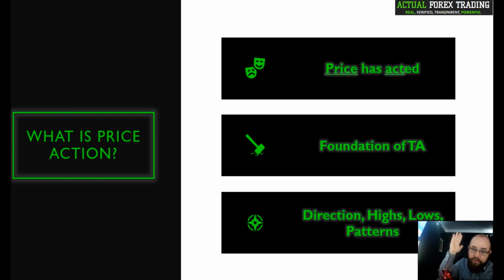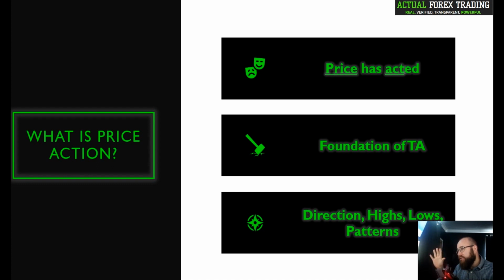On the y-axis, the vertical axis, you're going to have price, and the date with the price is going to be plotted on that graph. It's showing how price has acted in the past. It's historical. So on a price chart, if I bring up a chart, and I will later on in this video, and we'll be looking at lots of charts as these videos and series go on.